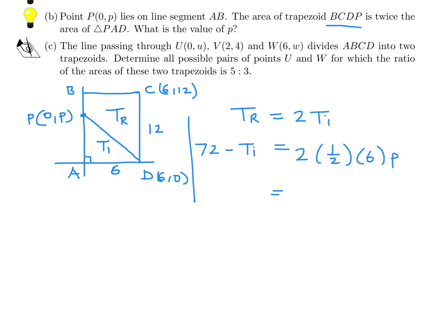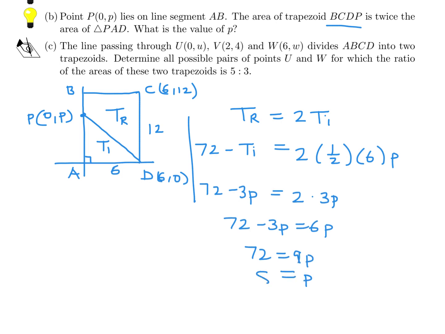Okay, so the triangle was 3P. So the trapezoid would be 72 minus 3P. So this would be 72 minus 3P is 6P. And therefore 72 is equal to 9P. And therefore P is equal to 8. And that solves that.